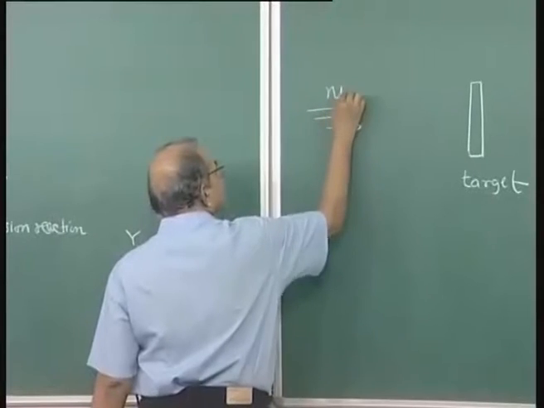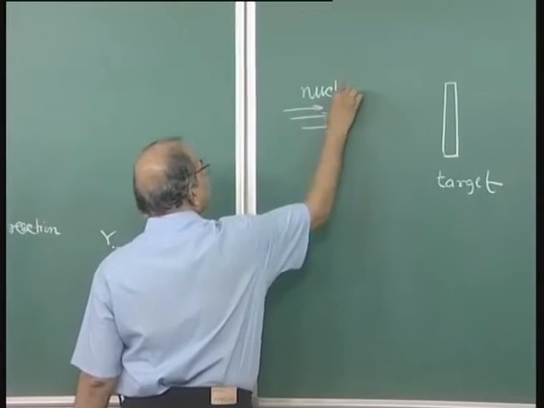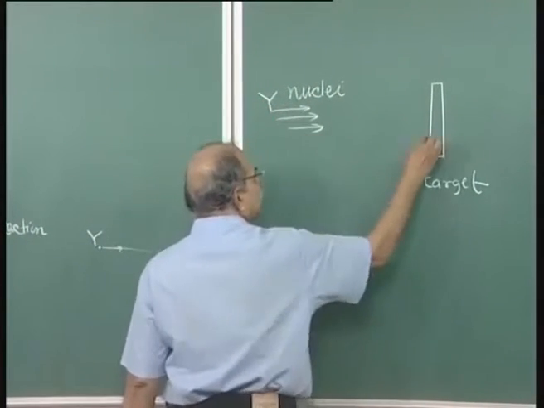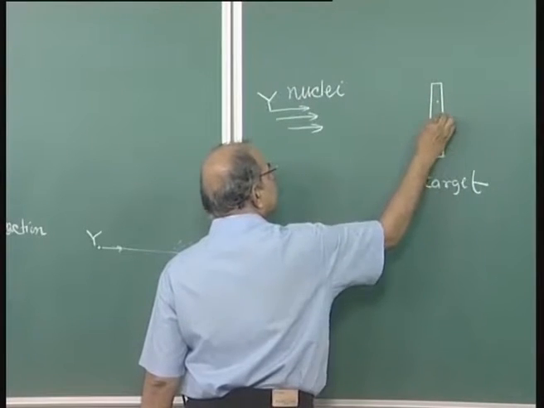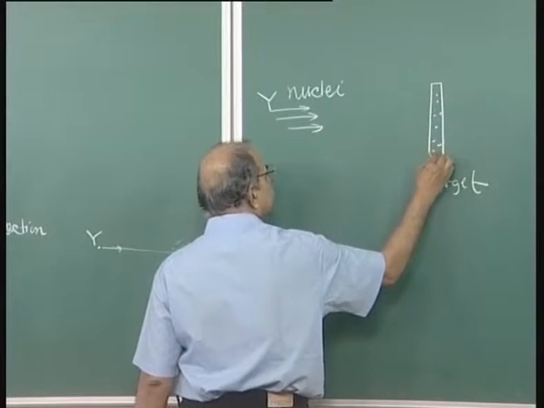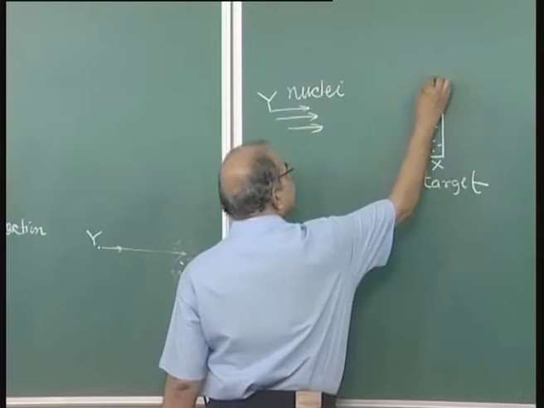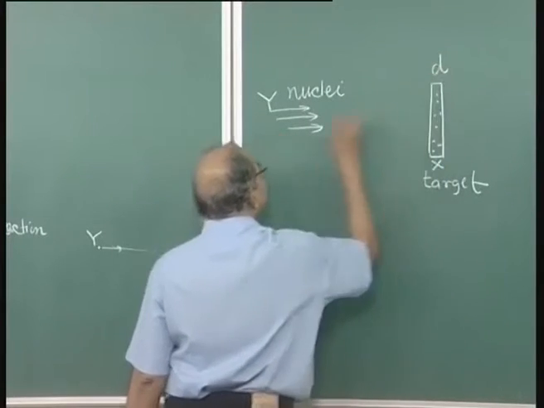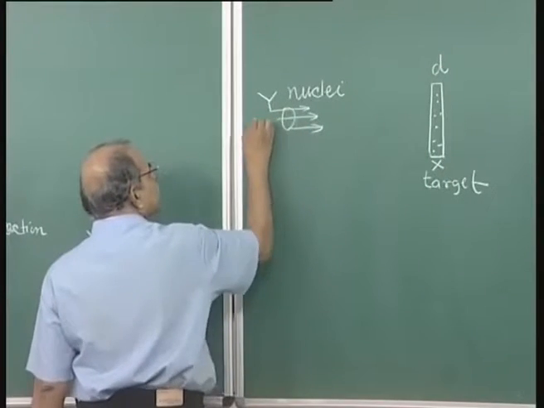These are nuclei, let us call them y nuclei, and in this target you have x nuclei. This thickness you take as d, and the beam diameter you take as some capital A.